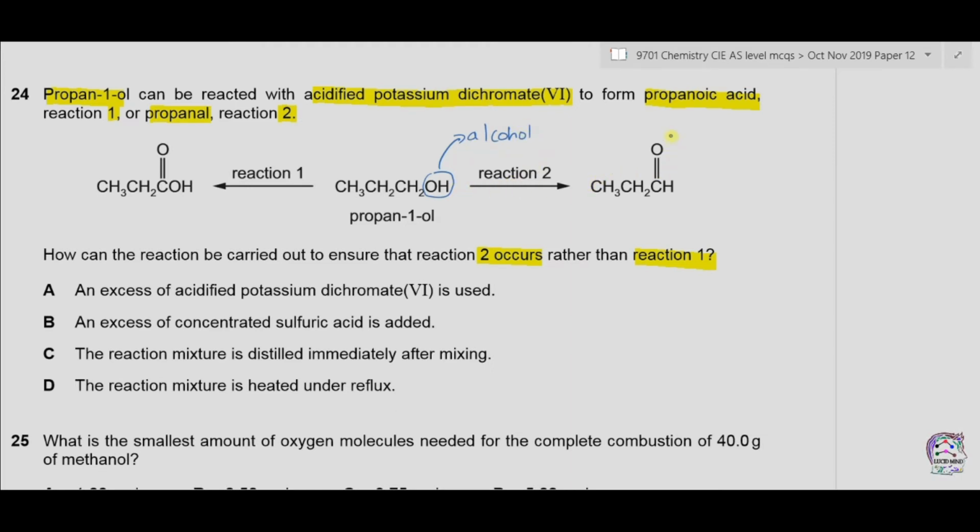In reaction 2, aldehyde is being formed from alcohol. This is the aldehyde functional group. In reaction 1, we can see that alcohol is being converted into the carboxylic acid functional group.